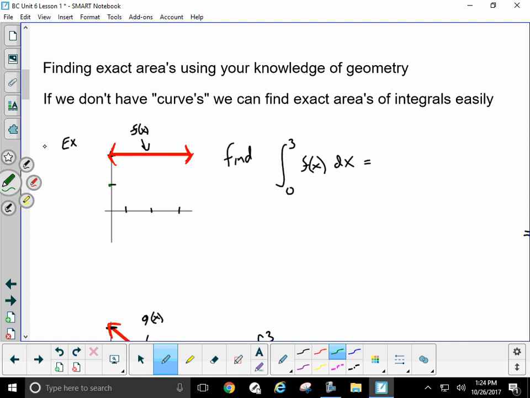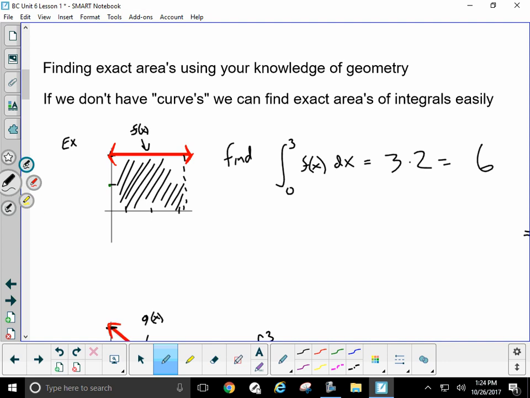Well, if I have straight lines, I can use geometry. Exact area from 0 to 3 under this function, we have a square. No, it's a rectangle. Base times height, I can find exact areas. I can find integrals if they're straight lines. This is stuff that I know how to do because I understand some geometry.